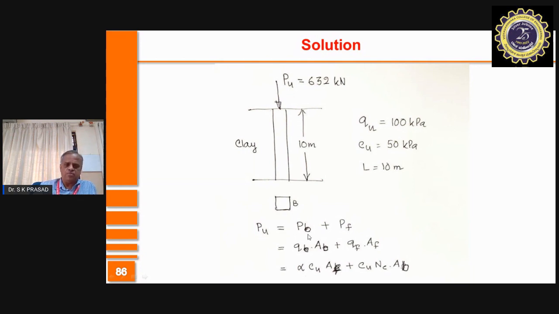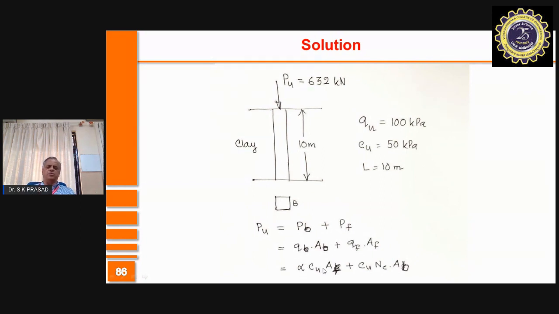Pu, that is the ultimate load carried, is equal to load carried at the base plus load carried due to the frictional component. That's equal to the resistance or stress multiplied by area at the base. Again, resistance or stress multiplied by area for skin friction.